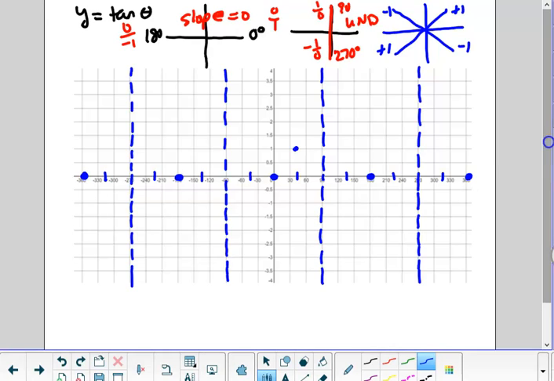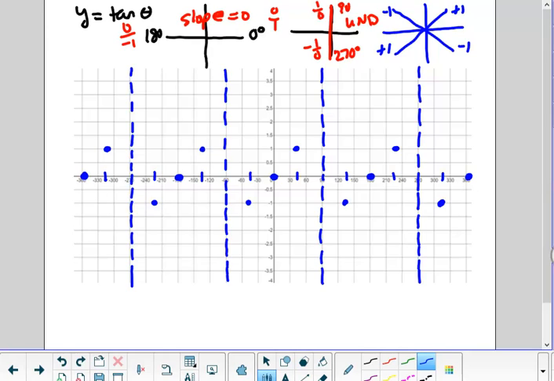Positive 45, positive 1. 135, negative 1. 225, positive 1. 315, negative 1. If we go backwards, negative 45 is also negative 1. Negative 135 is positive 1. Negative 225, negative 1. Negative 315, positive 1. So notice the pattern of the dots in between the asymptotes.